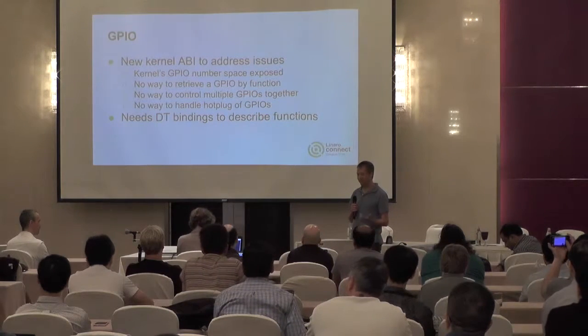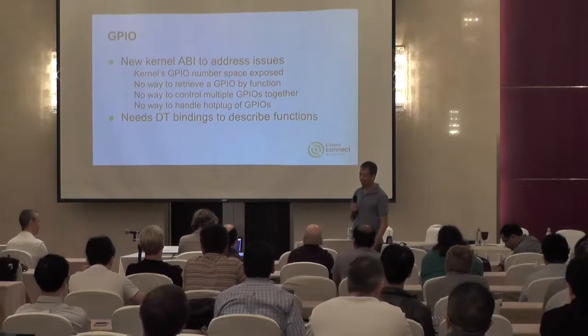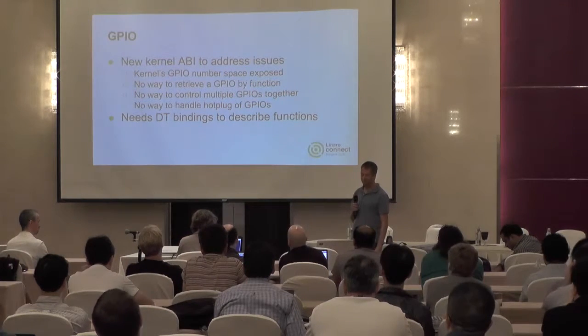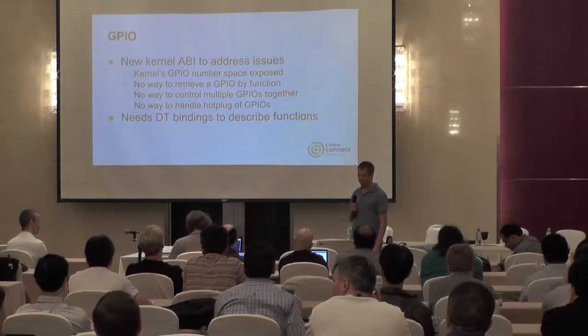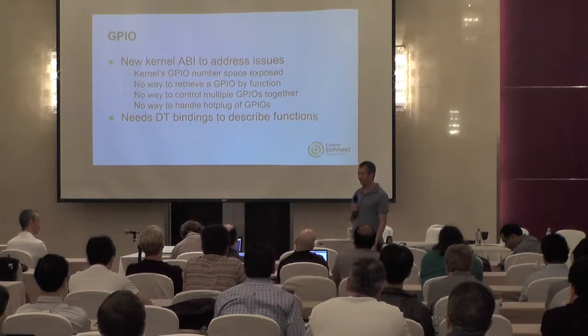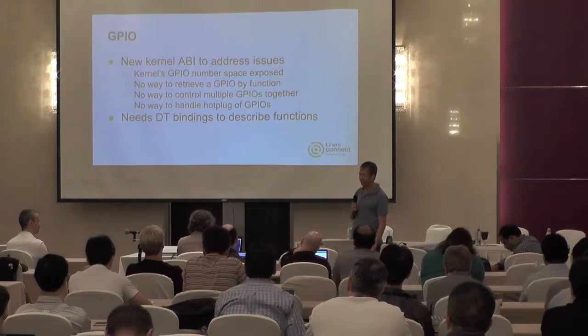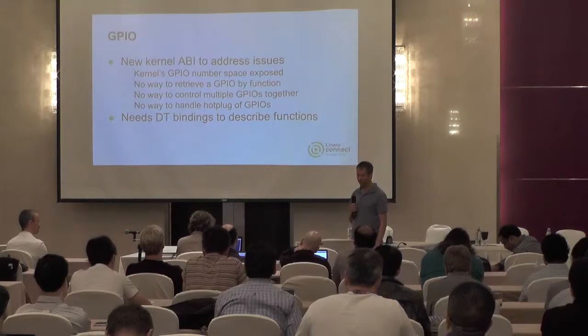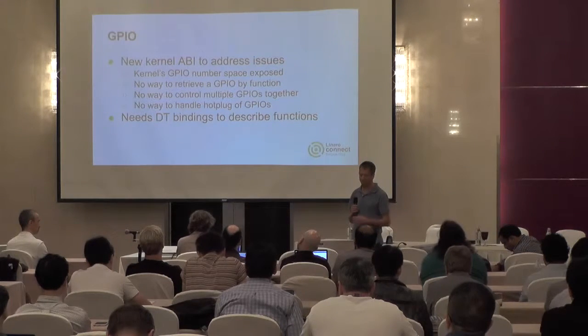There's no way to retrieve a GPIO by function or know what the function is. There's no way to control multiple GPIOs together efficiently, at least. So if you wanted to do bit banging of some protocol in user space, every transaction is going to be multiple writes to sysfs.